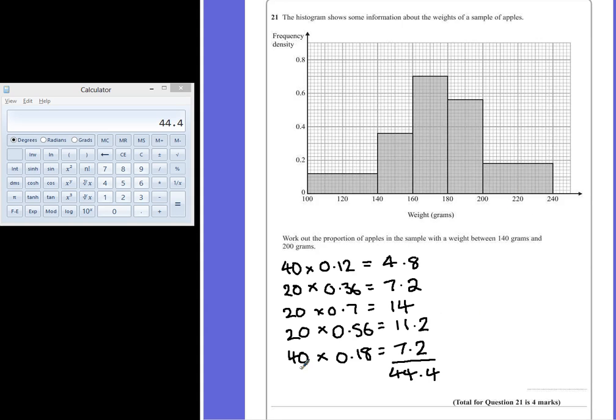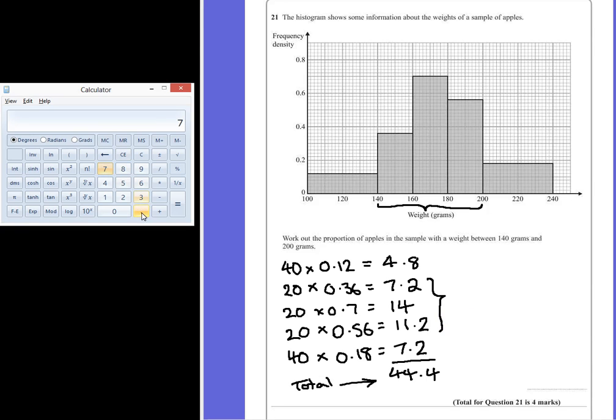Now that's our total. That's what everything in that graph adds up to. But we're asked to find out the proportion for the weight between 140 and 200. So all we need are these three groups here. The area of these three groups would be the same as these three values here.